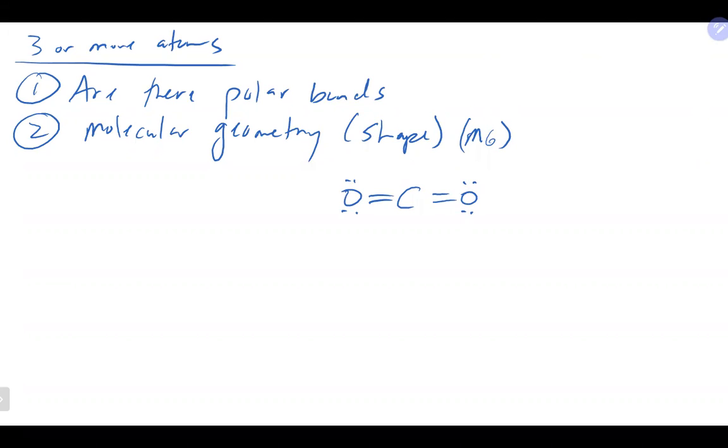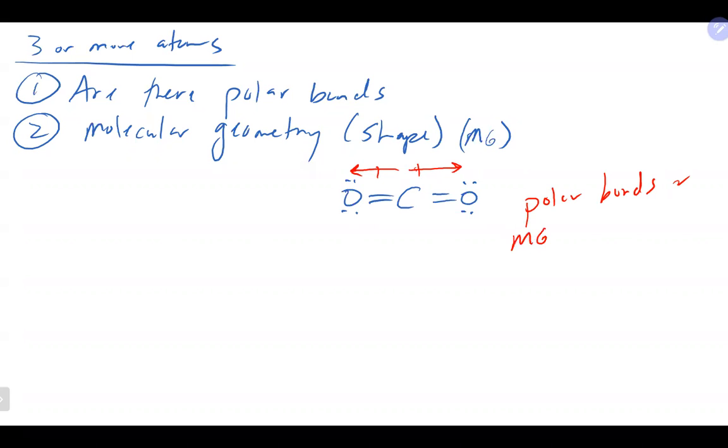We know that without even needing the numbers, because carbon and oxygen are in the same row on the periodic table, and oxygen is further to the right, which means it should be more electronegative. So we could draw our bond dipoles heading towards the oxygen here. And this would have polar bonds. Now you may think, well, it has polar bonds, so that looks good for it being molecular polar. We do have to look at the geometry here.